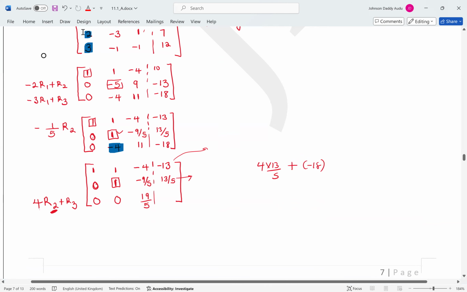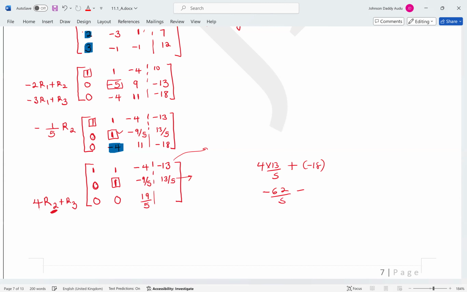And now how do you do this? This is going to be minus 62/5. Then this is also going to be minus 80. Is it minus 80? Yeah, this is plus here. So this is going to be minus 80 minus 18, which you can write as 90/5.